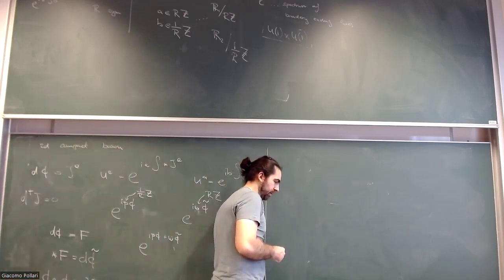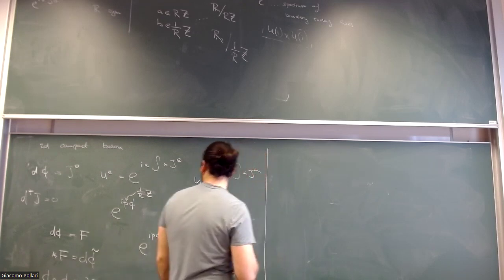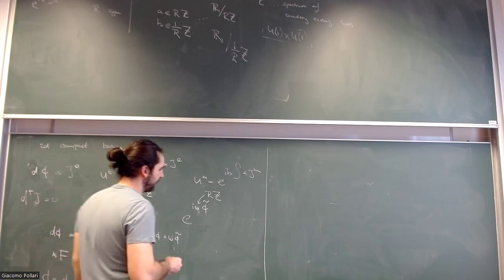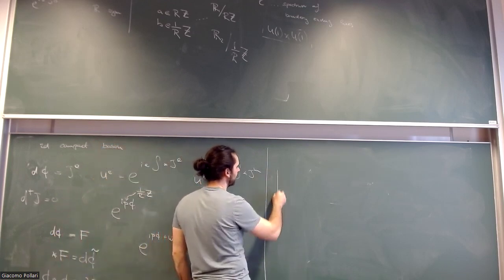Right. So how can you now construct this 2D boson as a boundary theory for some 3D space?